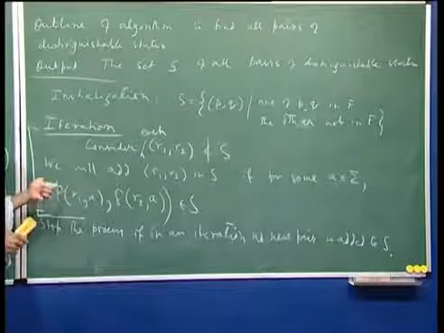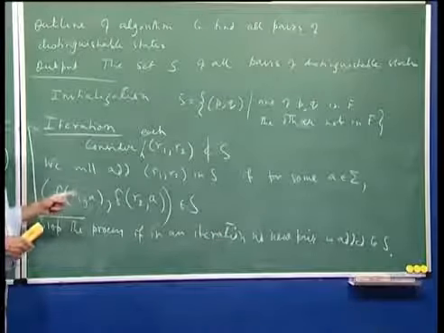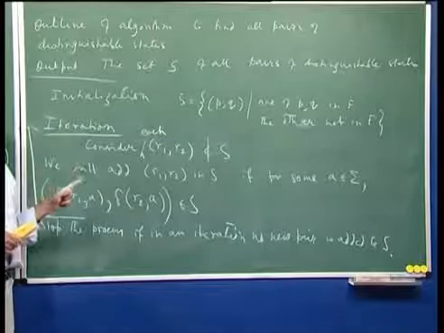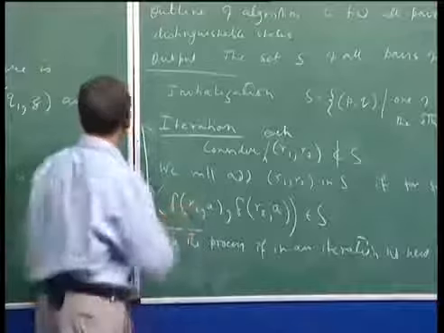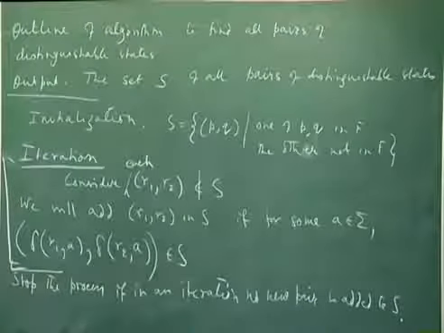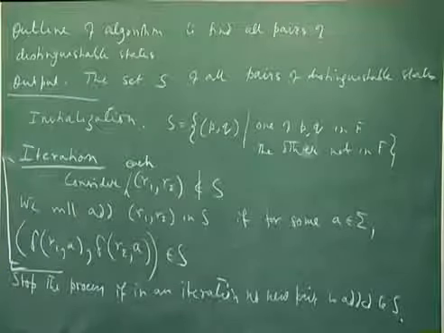The main thing is, in each iteration we add at least one new pair. So, how many total iterations? Let me write here the time complexity of the algorithm, and then we will bother about the correctness.